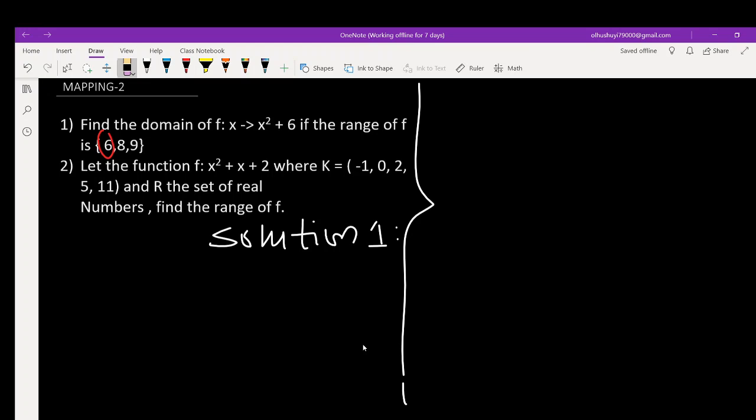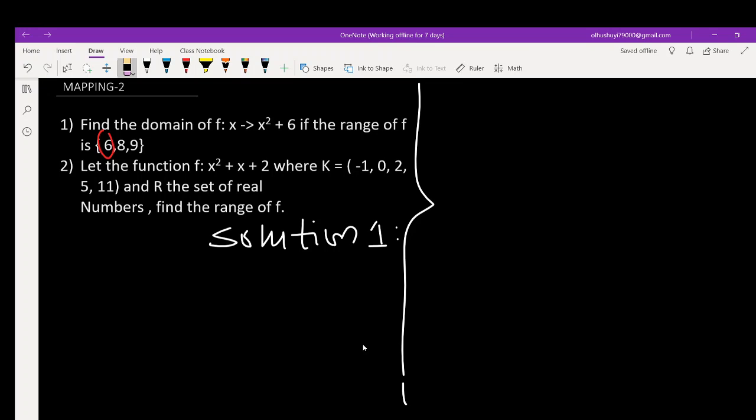So the first one was to find range. Okay, I think the first one shouldn't have been range. Find the domain. Yes, sorry, the first one is a domain. We have found the domain. Sorry, there was an error in that.